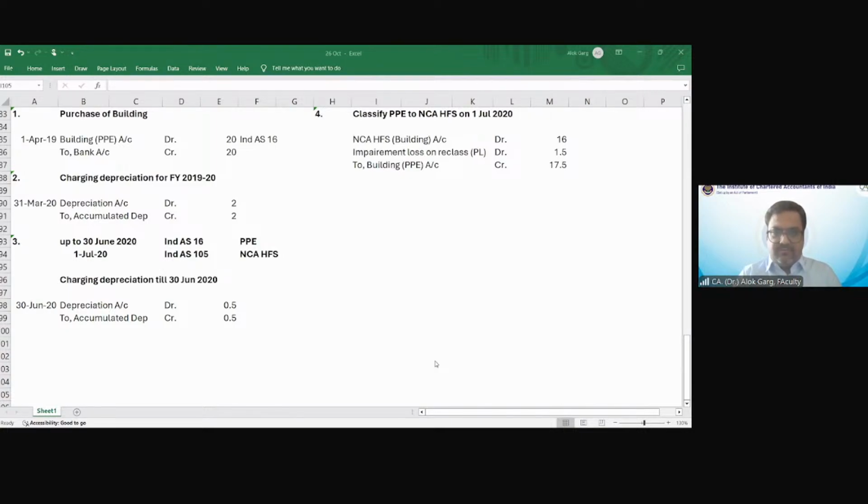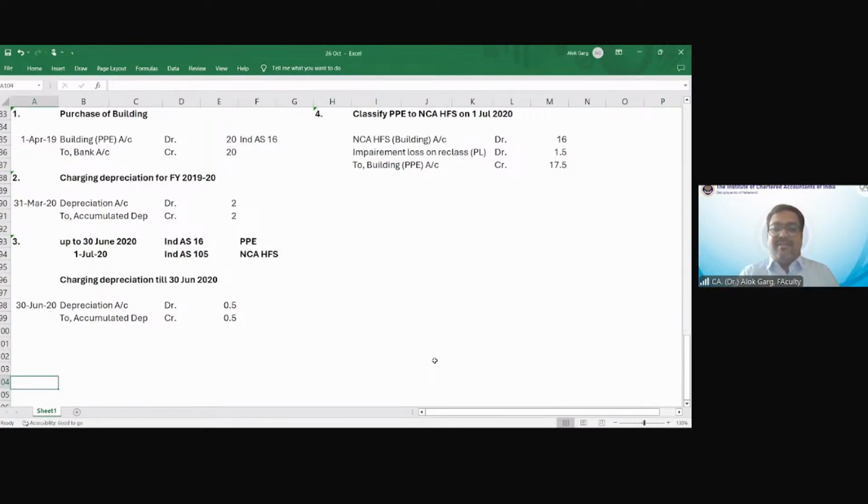The accounting entries we have seen are the same irrespective of whether the company is following cost model or revaluation model. You need to compute the carrying value, you need to compute the fair value less cost to sell, and you need to recognize your NCHFS at this value, right?